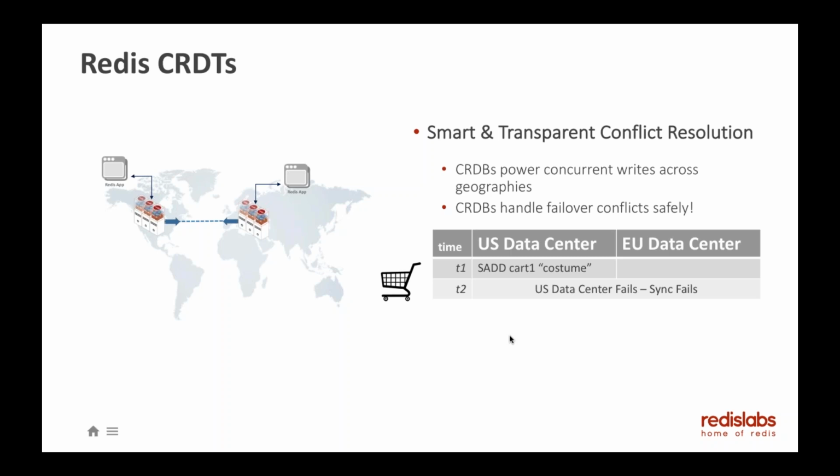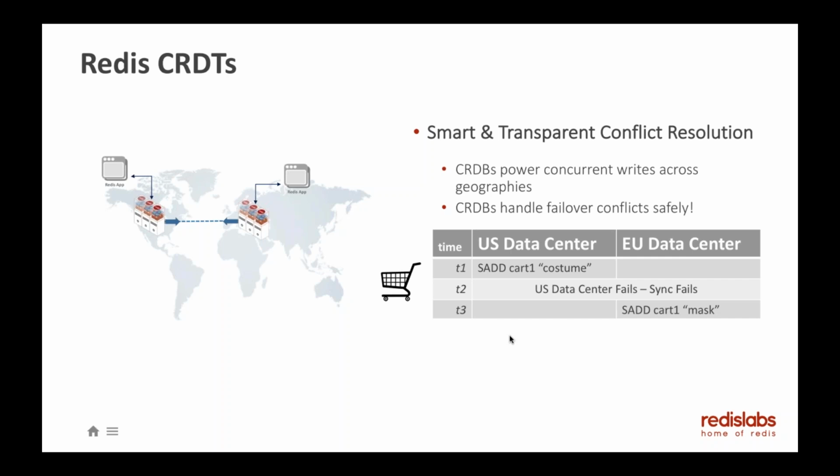And as a shopper, my experience now is diverted over to the European data center. As I continue shopping on my shopping cart, one thing I should mention before I move on to T3 is that the synchronization has not yet happened. So even though my shopping cart had a costume, that information has not made it over to the European data center yet.